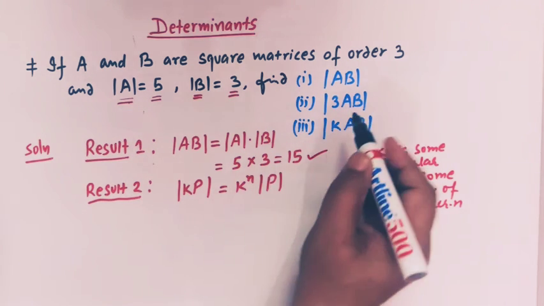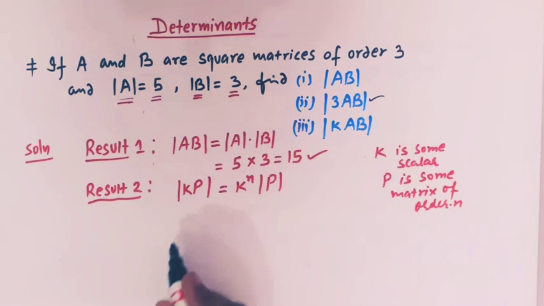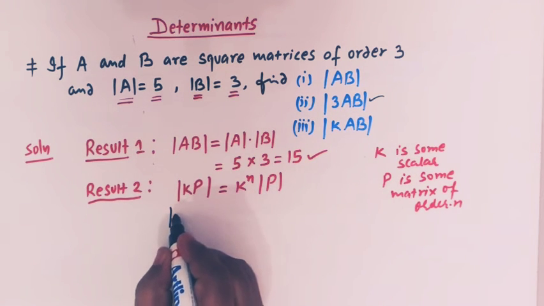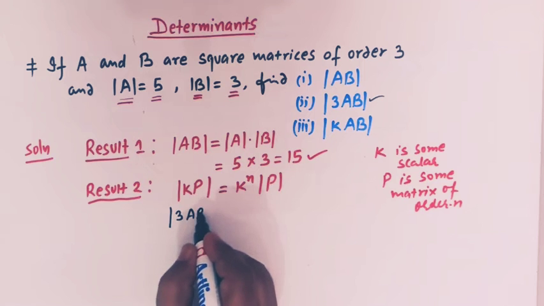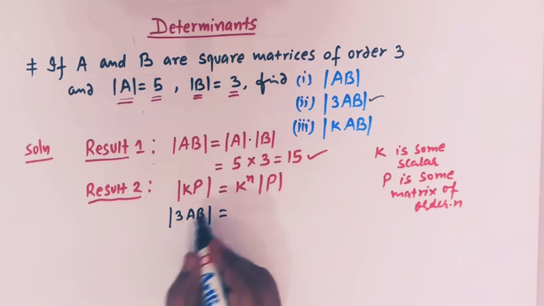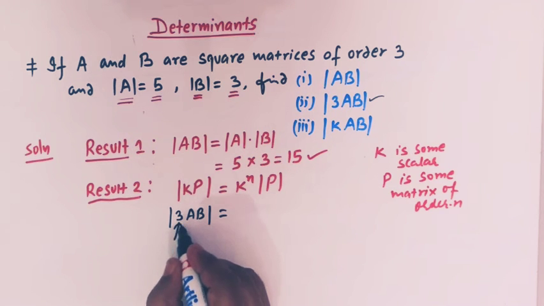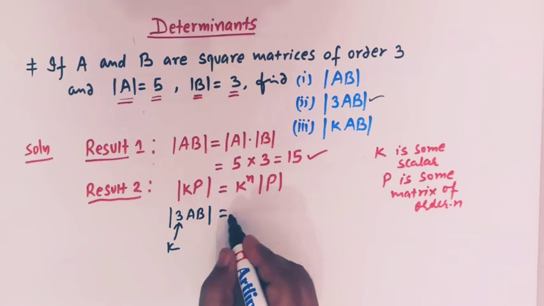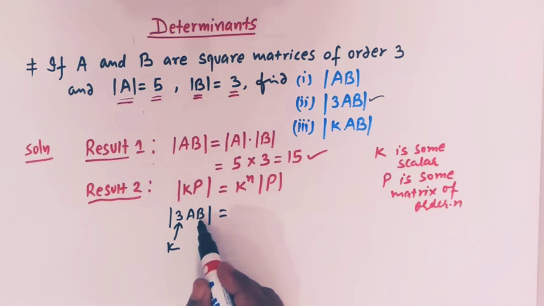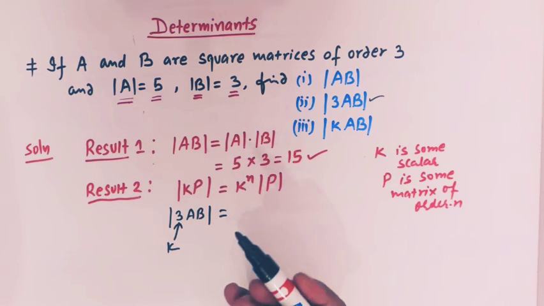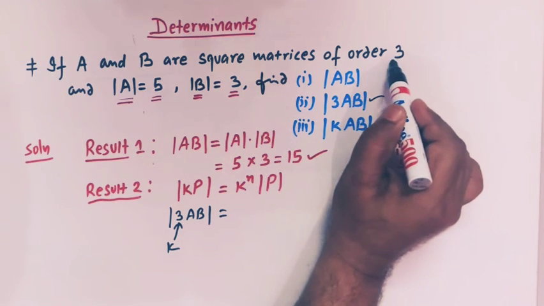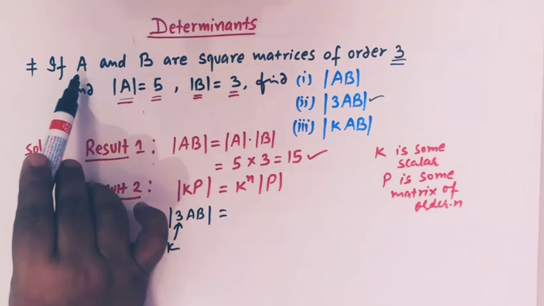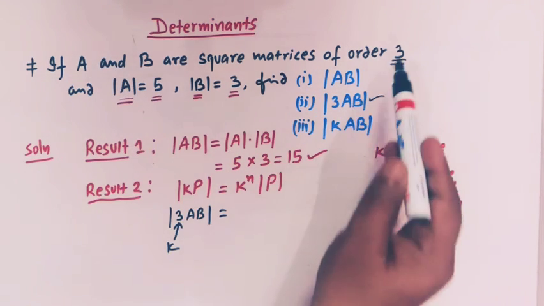In this case we have 3 times AB and we have to find the determinant of 3 times AB. Here the value of K is 3, and AB is a square matrix of order 3, because we are given the order of matrices A and B as 3.